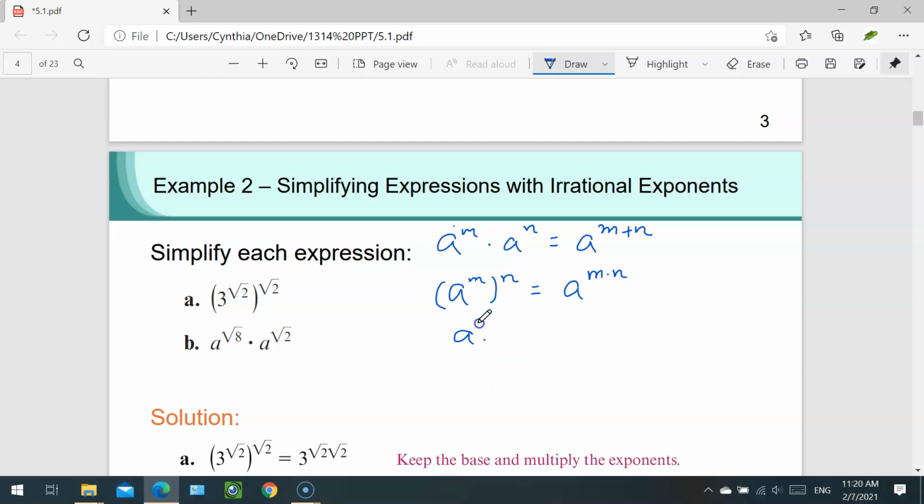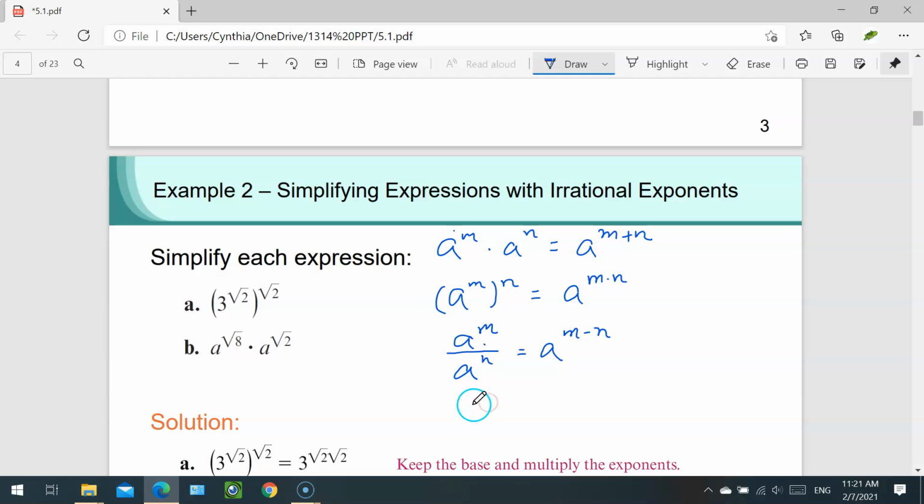When you have a to the power m divided by a to the power n, it turns to a to the power m minus n. A to the power 0 is always equal to 1. A to the power negative 1 is always equal to 1 over a.